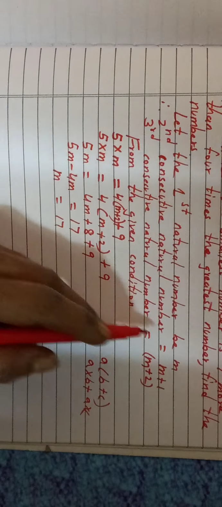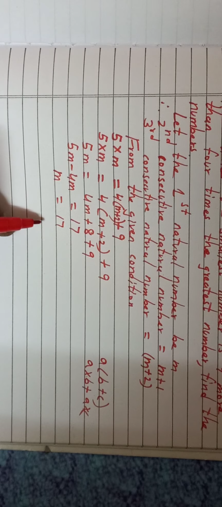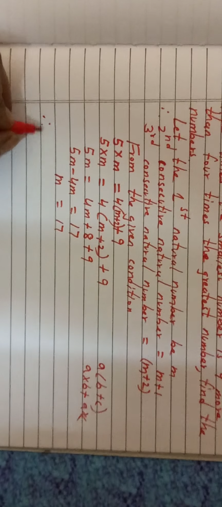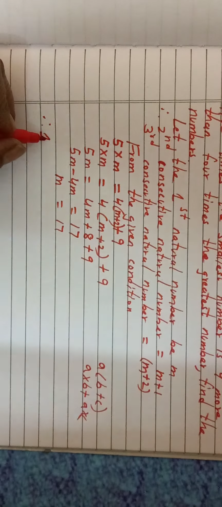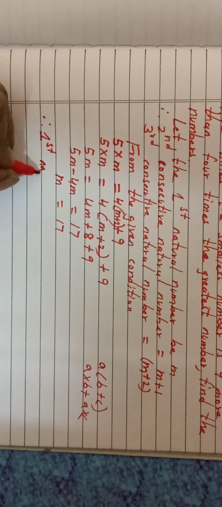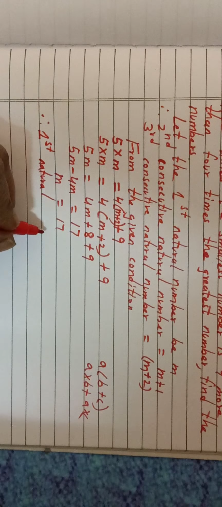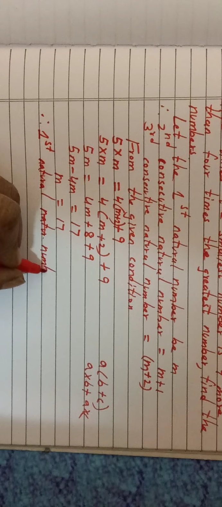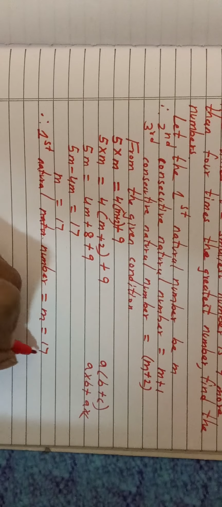So the first natural number we have got is 17. Now what they have asked is to find the numbers. So first natural number is equal to m is equal to 17.